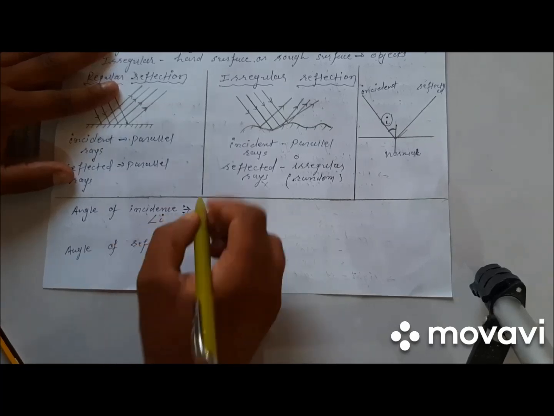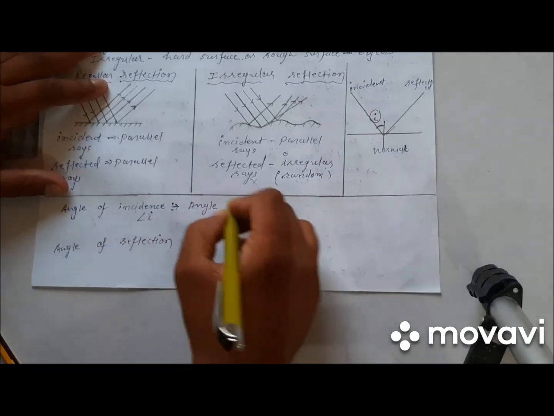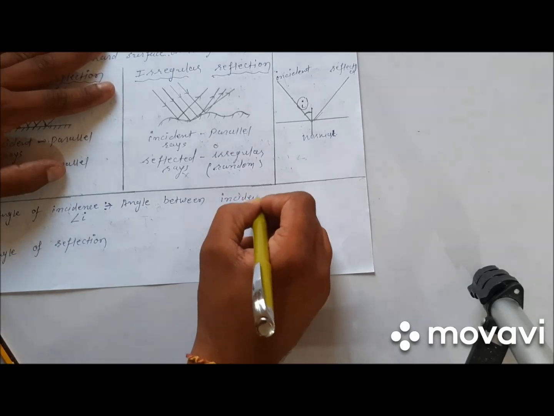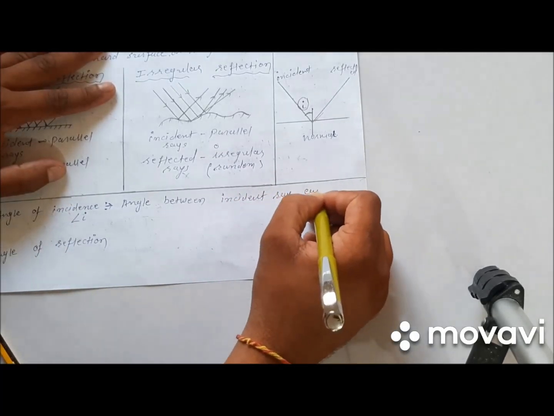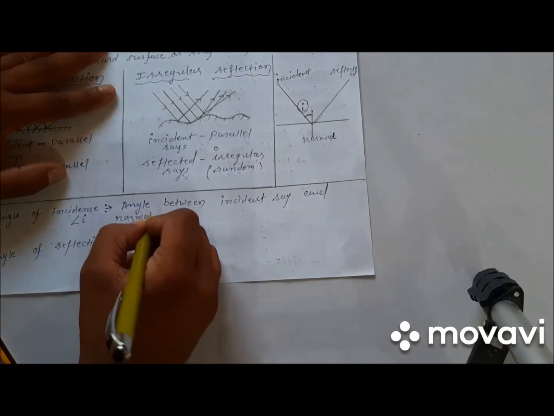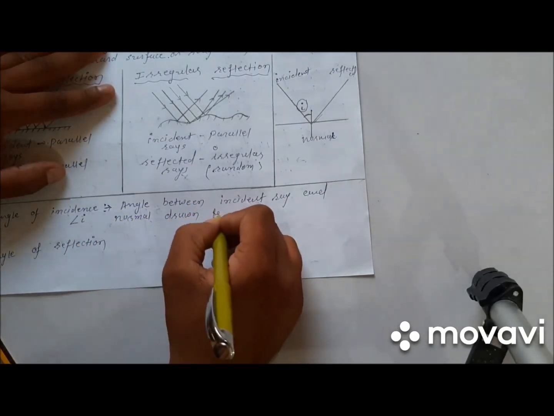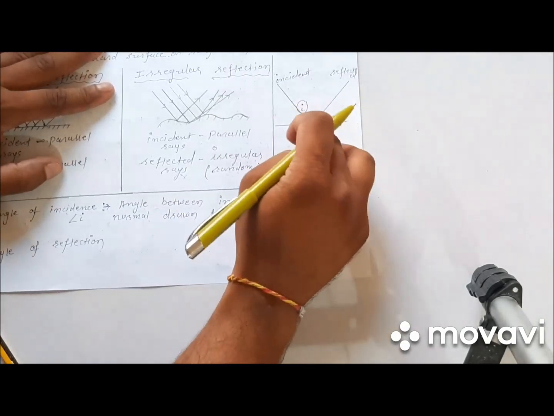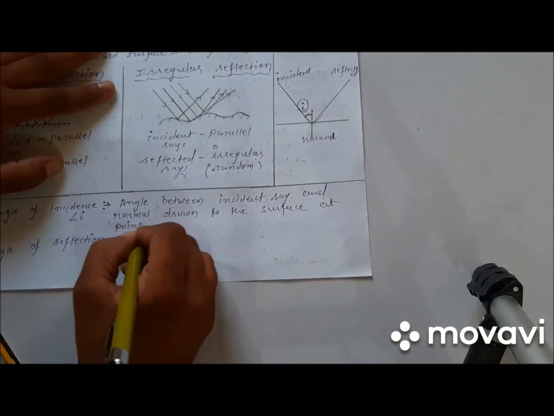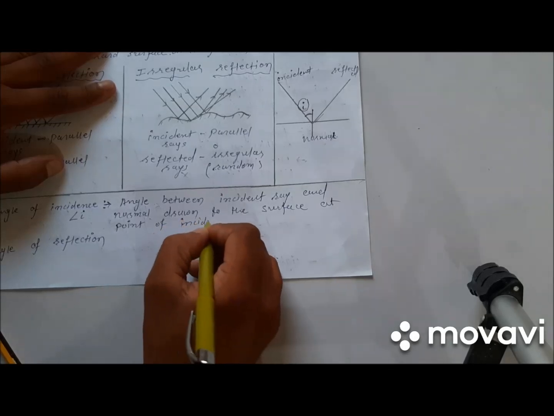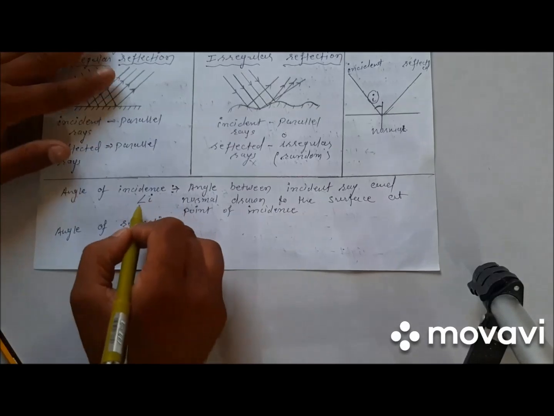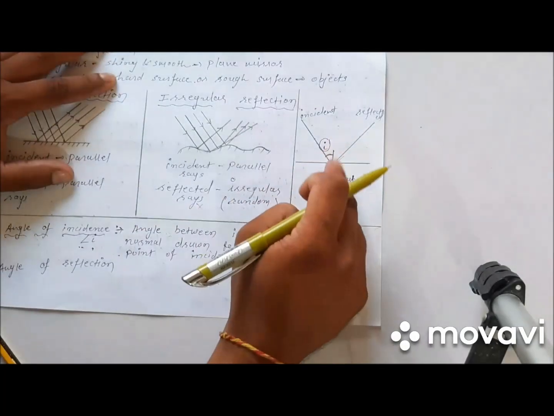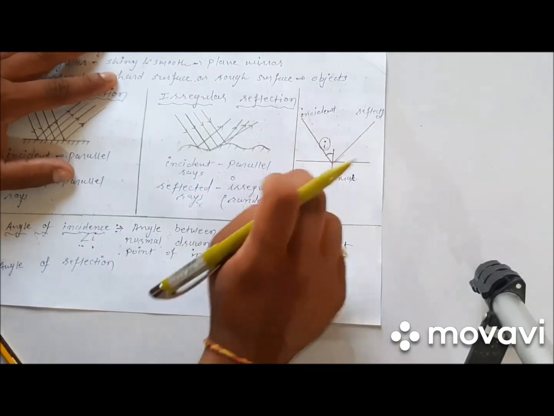So angle of incidence is the angle between the incident ray and the normal drawn to the surface at the point of incidence. Here it will be noted as angle I.